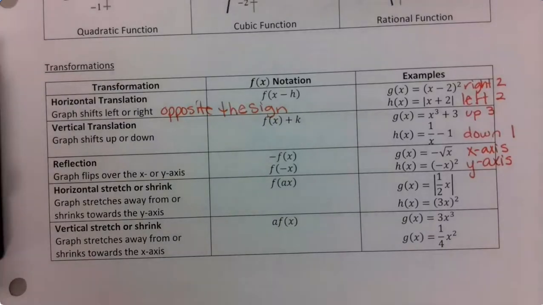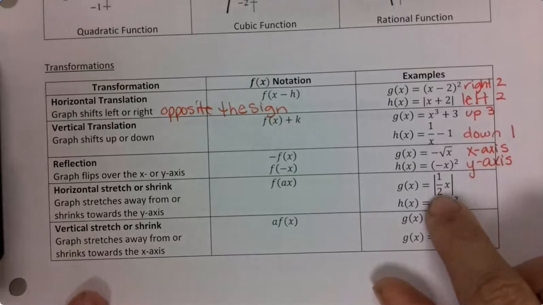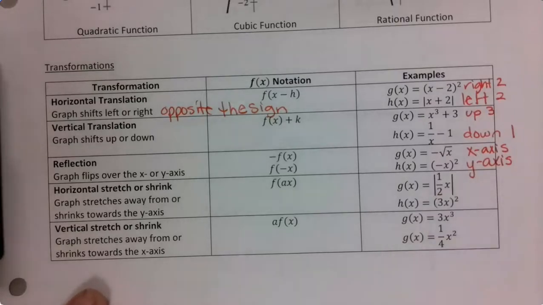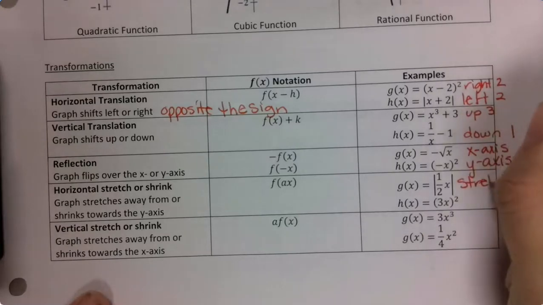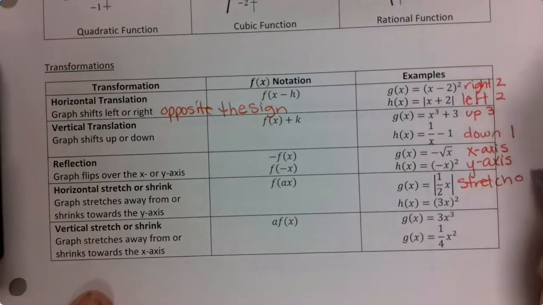So the next thing I have is a horizontal stretch or shrink. When it is inside with the x, it's a horizontal. And a fraction is a stretch with the reciprocal of the fraction, so stretch of 2.